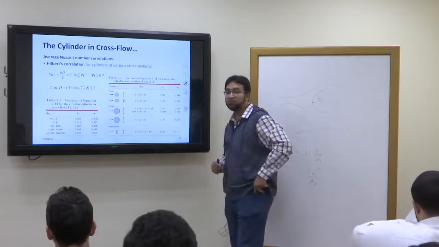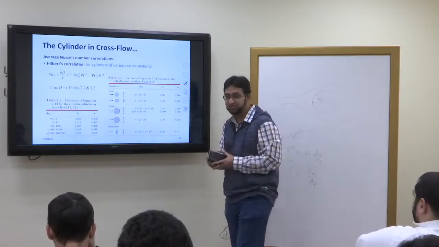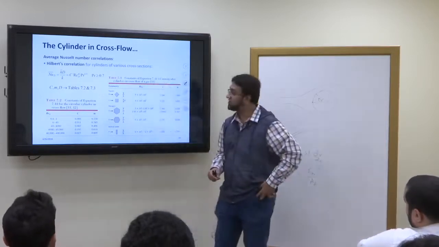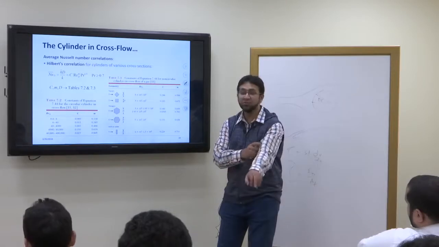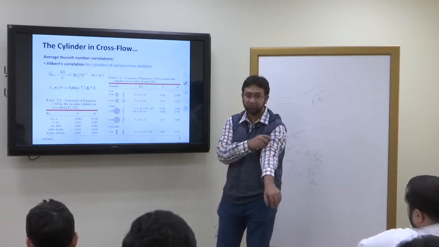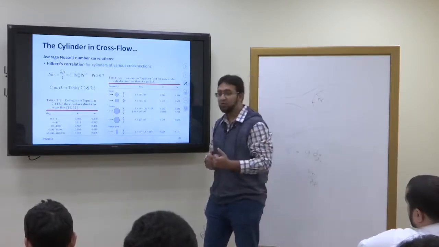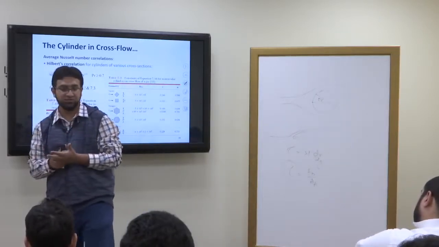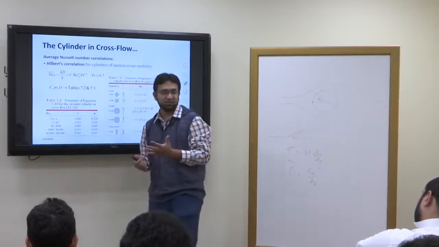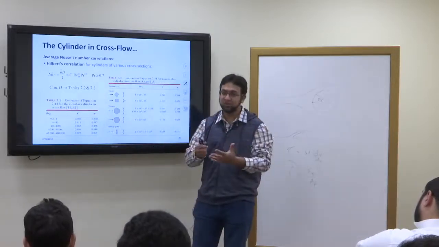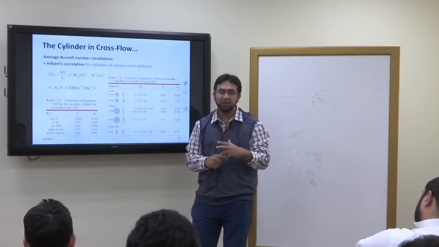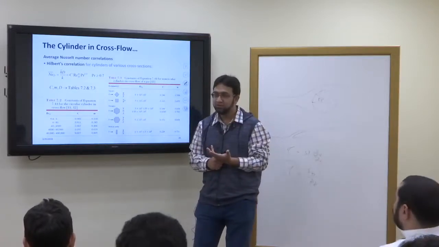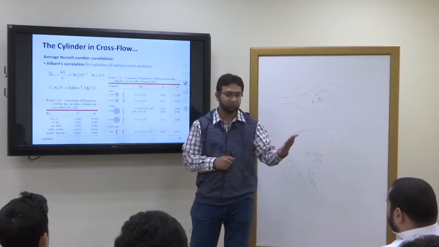Now, the most important thing for us here is the calculation of the average Nusselt number. There is not a single formula for the calculation of the average Nusselt number. Many scientists have done experiments under different conditions and come up with a correlation, which is associated with their name.